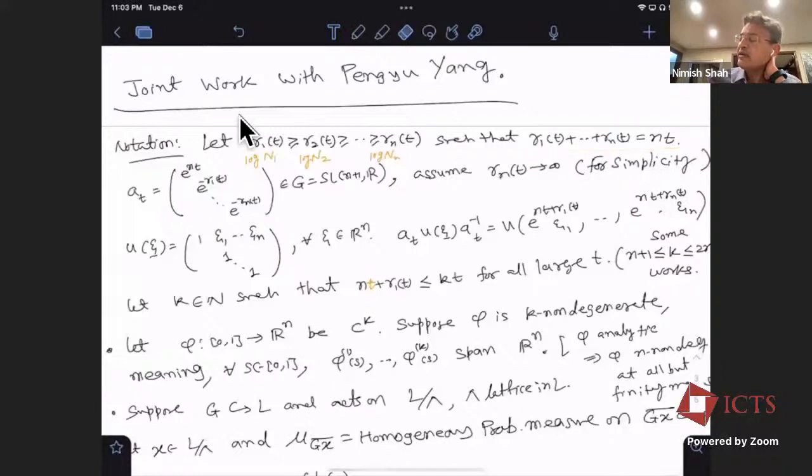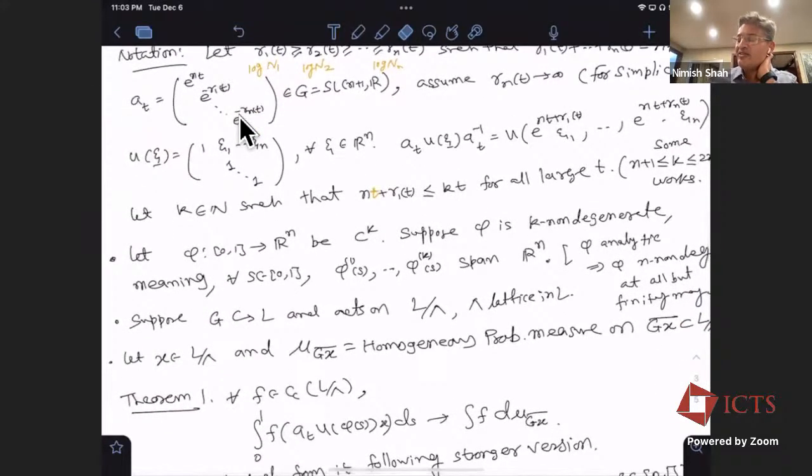So it should be at least t, maybe even bigger. Therefore, k will be at least n plus 1. And you don't need more than 2n, because the total is less than or equal to nt, so r1(t) cannot be more than nt. So the maximum k you need is 2n. This k is not really very important, but I just told you.